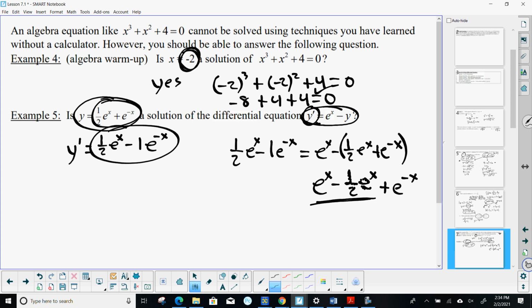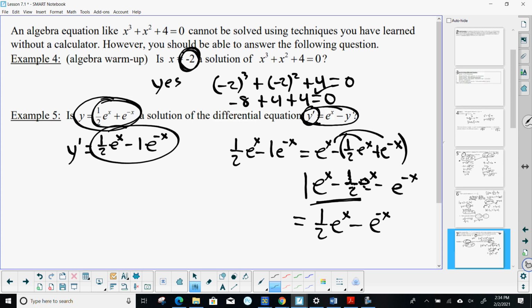They're like terms. So that's 1 e to the x minus 1/2 e to the x. So 1 minus 1/2 is 1/2. Or, okay, sorry, I got to carry that minus through over here. Hopefully you guys caught that. That minus needs to carry through to both of them, right? So this should be minus 1/2 e to the x minus e to the negative x. Okay, so we end up with that.